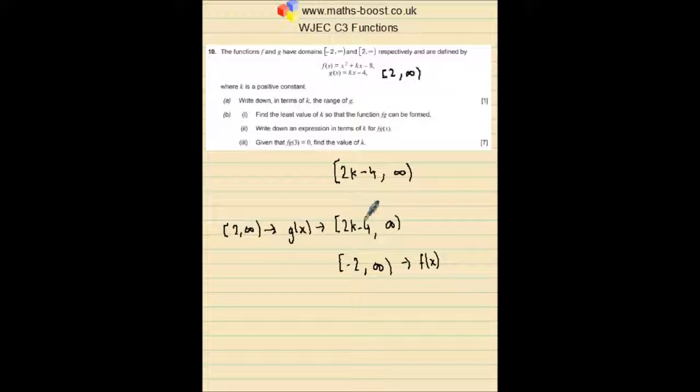So consequently, the smallest value 2k minus 4 can take is minus 2. So we need 2k minus 4 to be greater than or equal to minus 2. And so we're just going to solve.